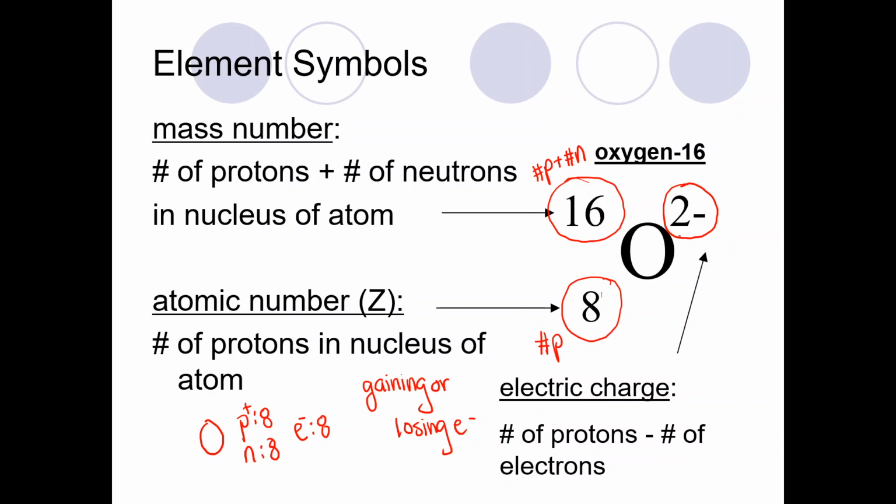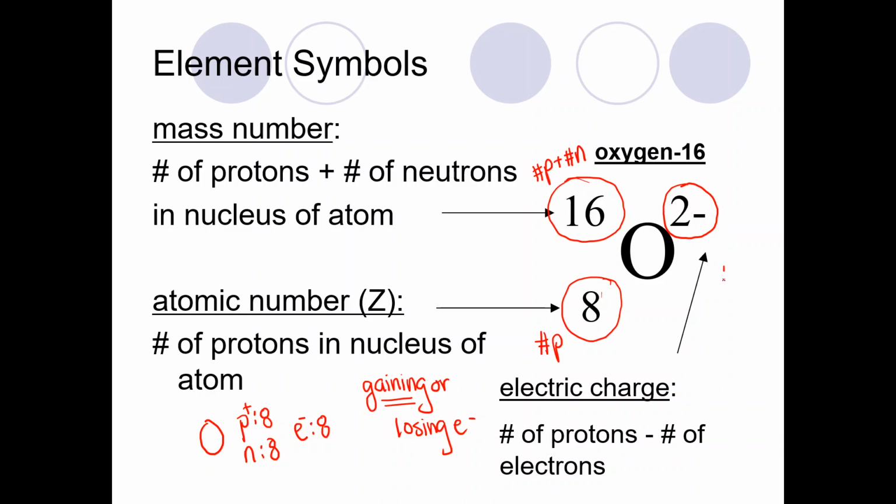However, if I look up here at this 2 negative charge, that must mean that oxygen has 2 more electrons than protons. This particular atom must have gained 2 extra electrons.